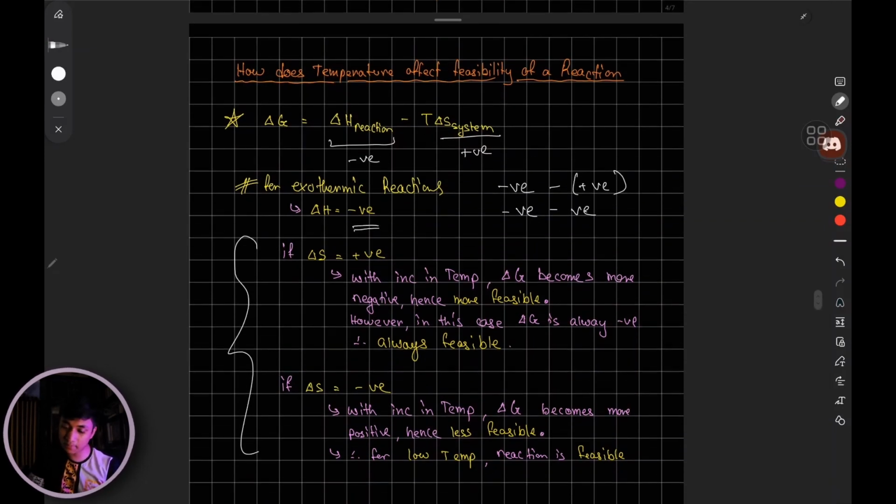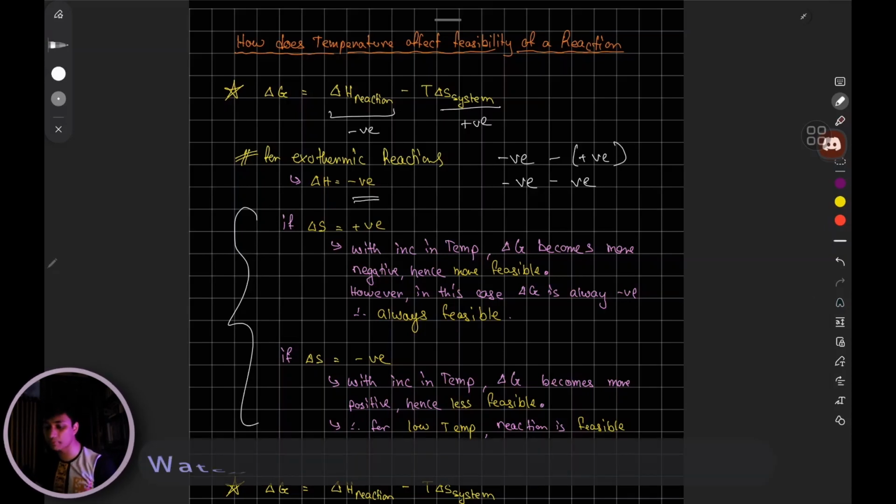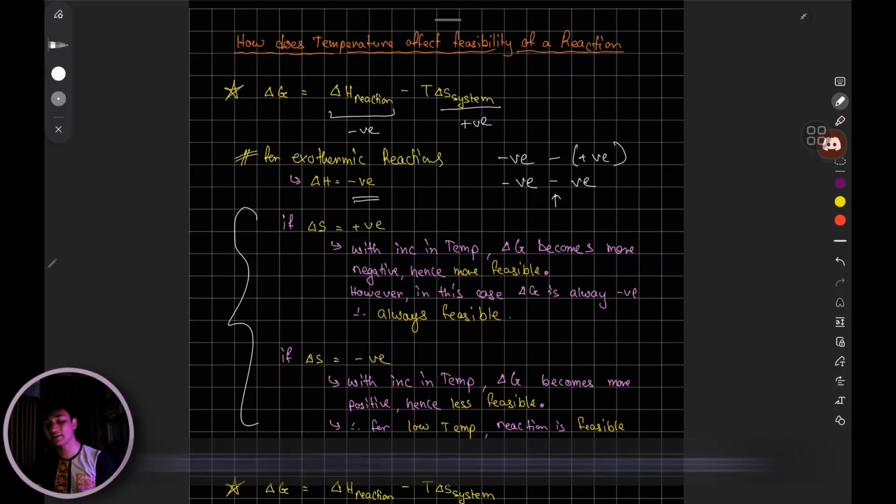Because let's say your temperature is really small, 0.0001 Kelvin. Even in that case, since your enthalpy change is negative, your change in Gibbs free energy will ultimately be negative as well. So let's say your temperature is infinitely high, let's say 200,000 Kelvin. What's going to happen? Even in that case, since minus and positive will give you a minus value, your change in Gibbs free energy will also be negative.